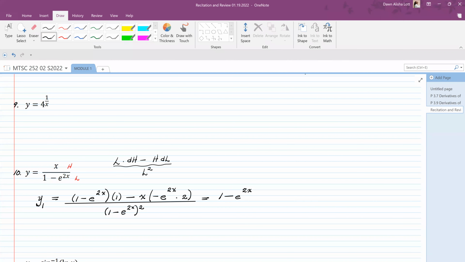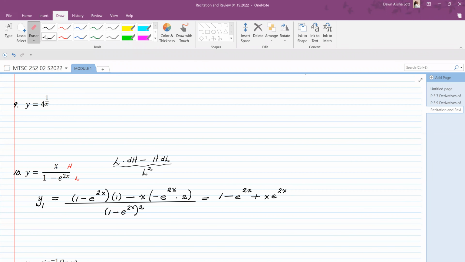So I can't cancel. I just have to distribute. So it would just be 1 minus e to 2x minus x. Oh, it'd be plus x. Wait, plus x e 2x times 2 times 2x.